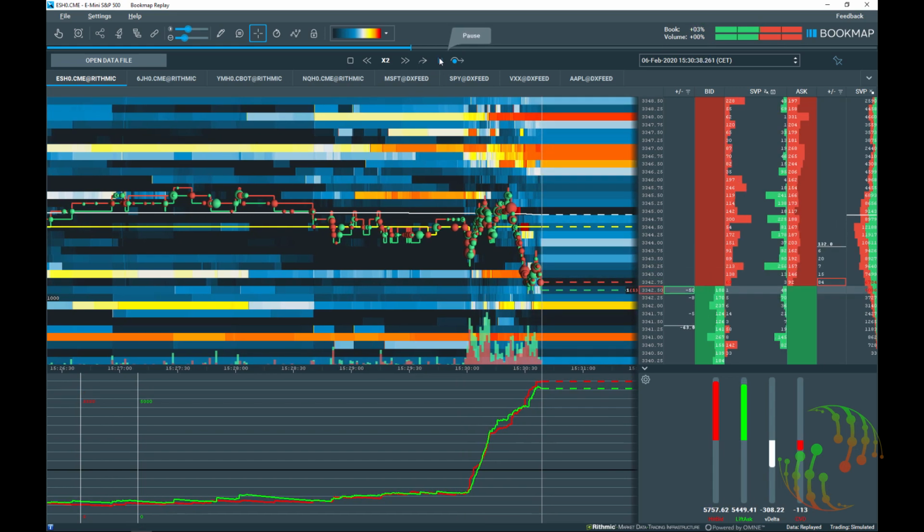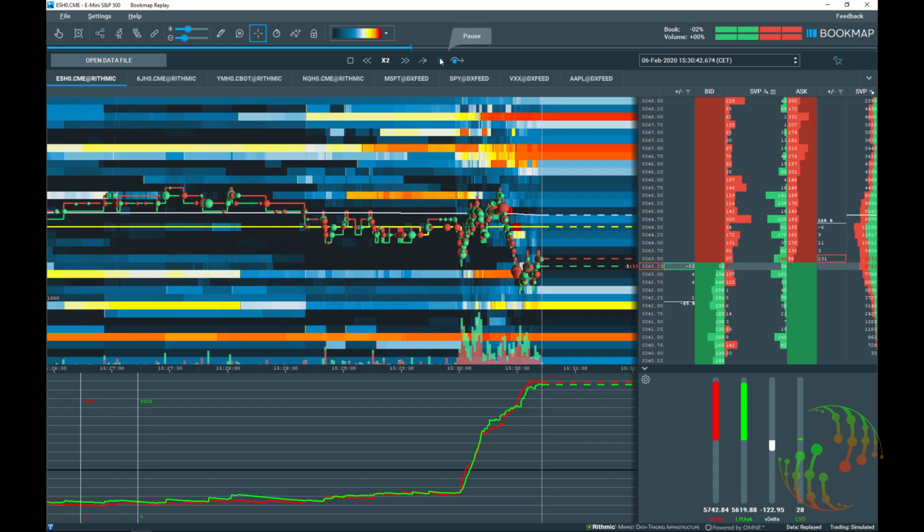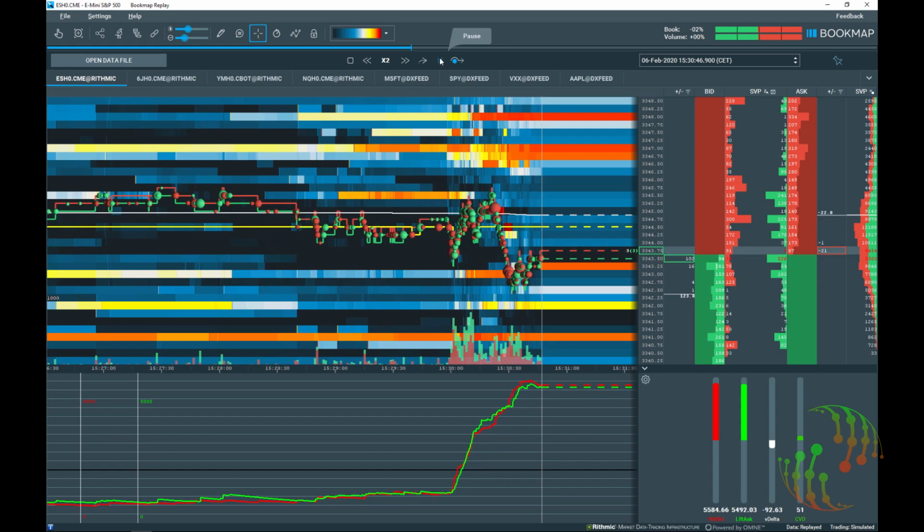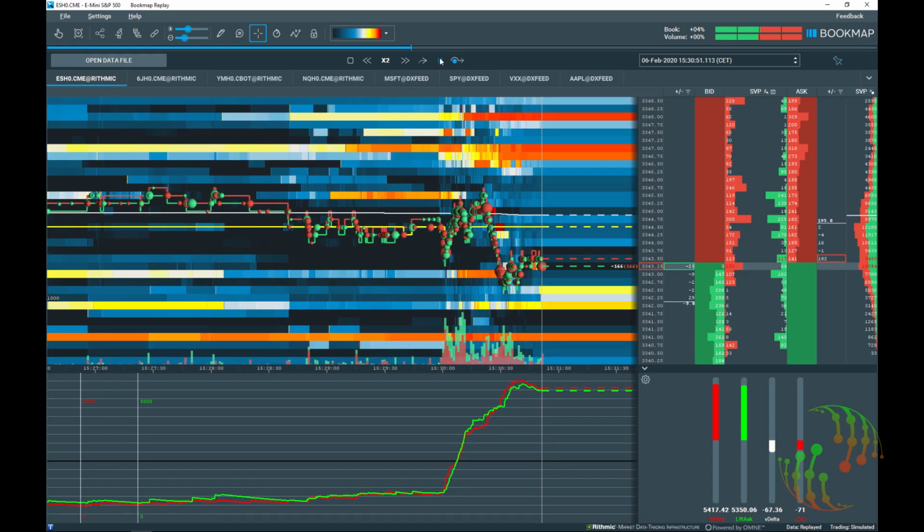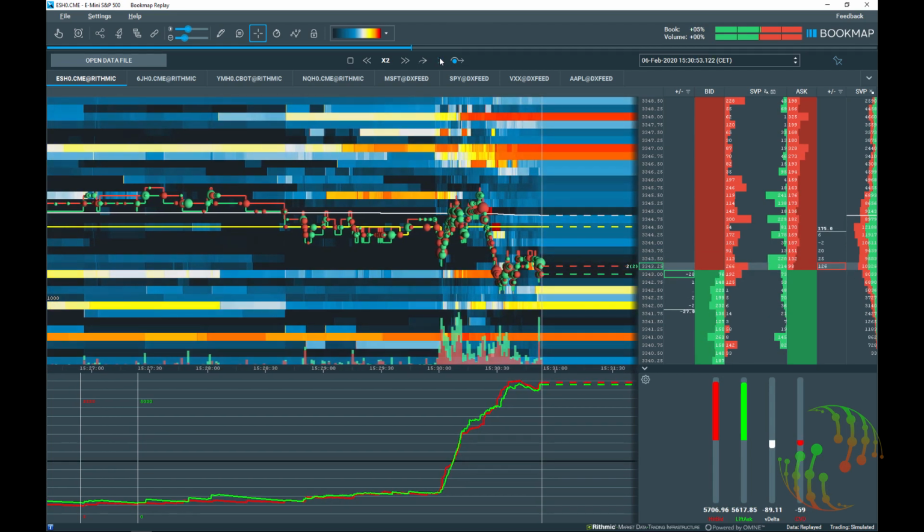It's still red, it's still red. It's hard to stop, but you see it also when you look at the limit order book here. The green side is still a little bit more to the right side.